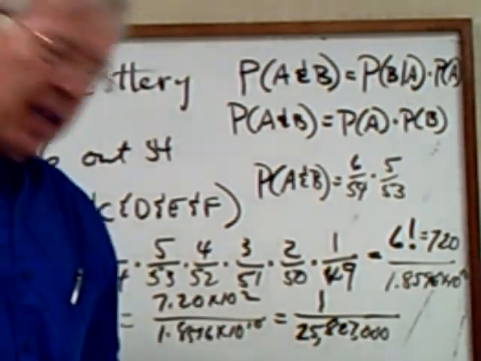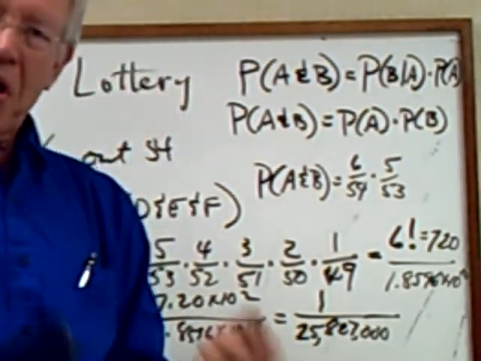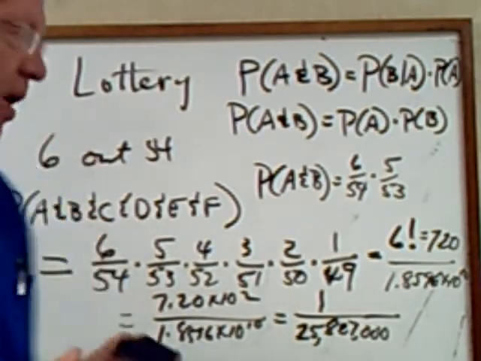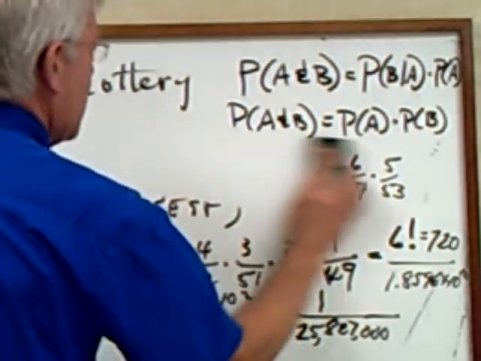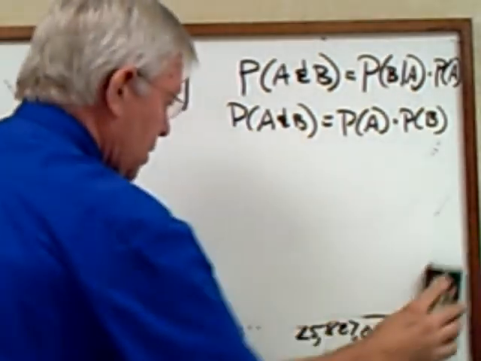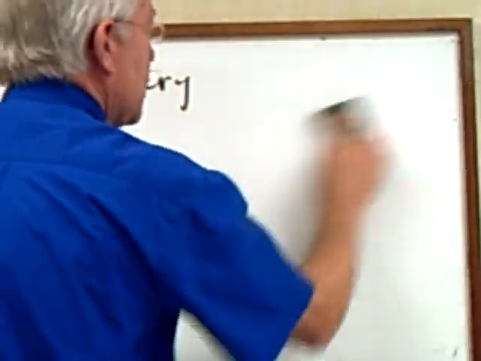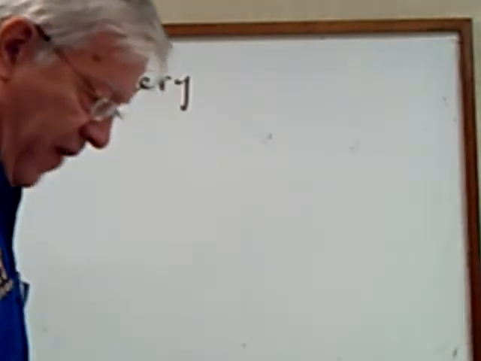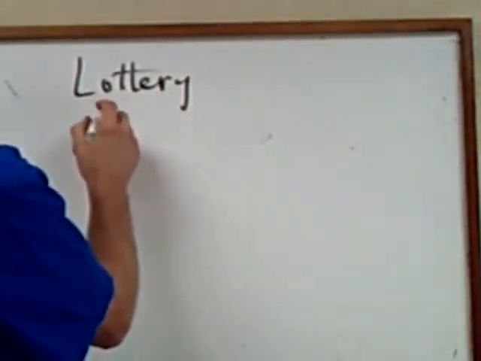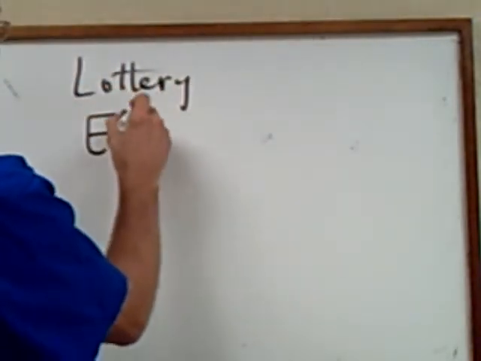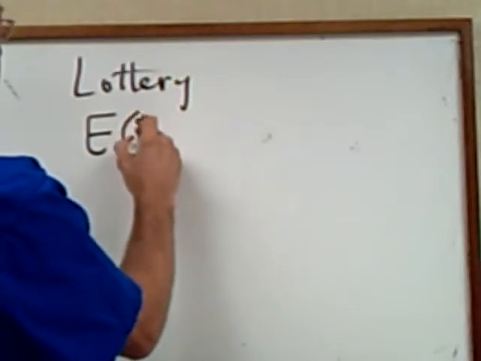Is that worth your dollar? Well, that's sort of the next phase of this. Is that dollar worth it? And when we look at the value of the dollar, we want to say, what is the expected value of my $1?